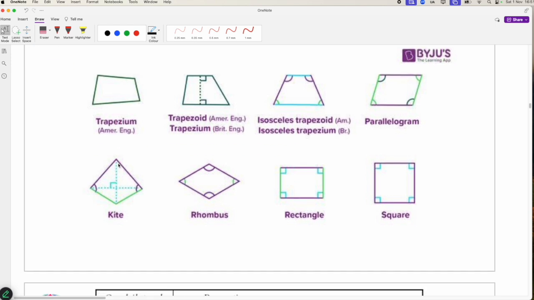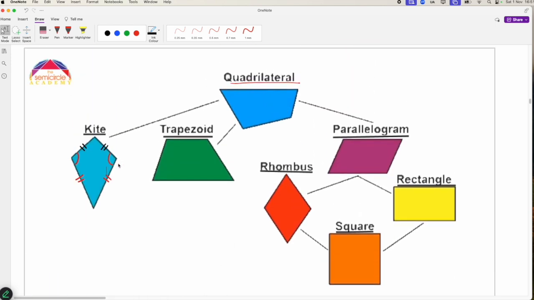And then in a kite, the diagonals will usually cut at 90 degrees. Now, this is stuff that you should be familiar with. I wouldn't say that is one of those detrimental rules that you had to know.